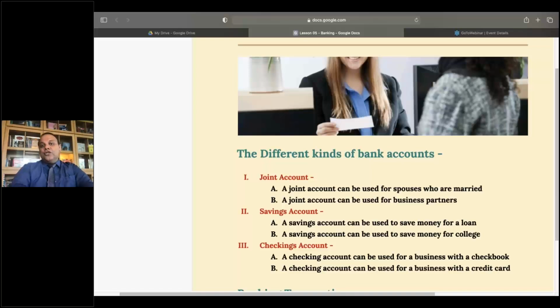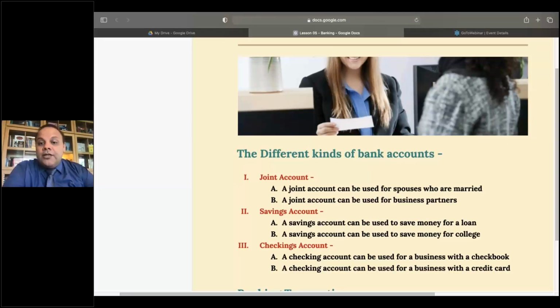A savings account can be used to save money for a loan. Loan is when you borrow money from the bank. For example, you get a loan to buy a house, or that's what we call a mortgage. Or you get a loan to buy a car, or you get a loan to start a new business. We call them loans.